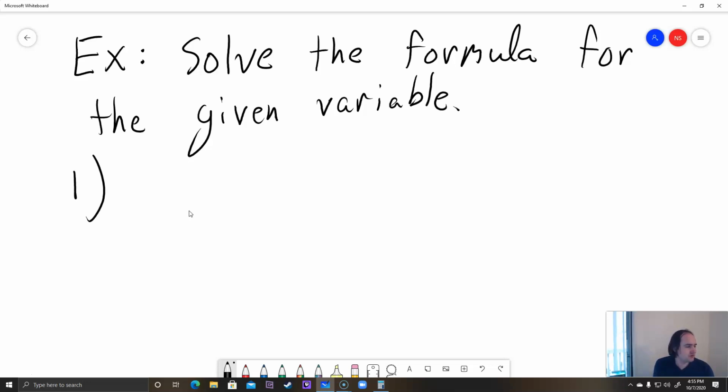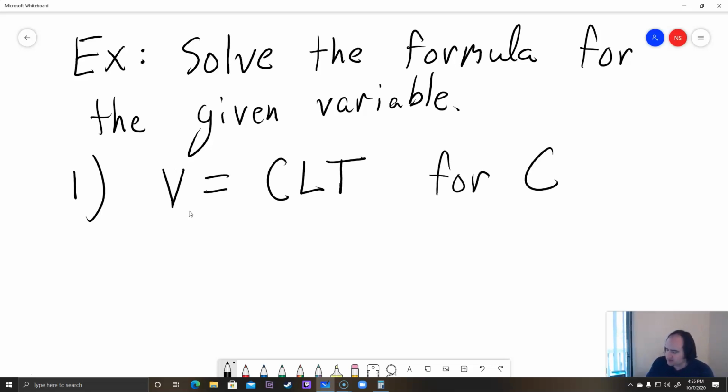Okay, so number one, we want to solve V. So capital V equals capital C L T. And they want us to solve it for capital C. So there's no numbers that we're plugging in, but we're actually having to solve in terms of all these letters.